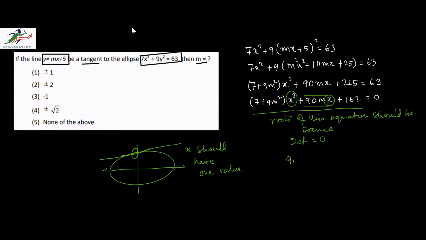So the determinant here is 90m whole square, which is b square, is equal to 4 into a, which is the coefficient of x square, 7 plus 9m square, into c, which is 162.